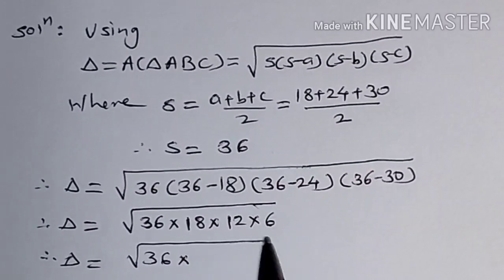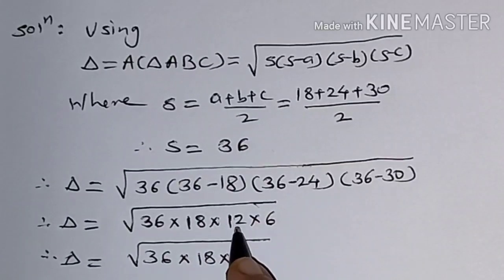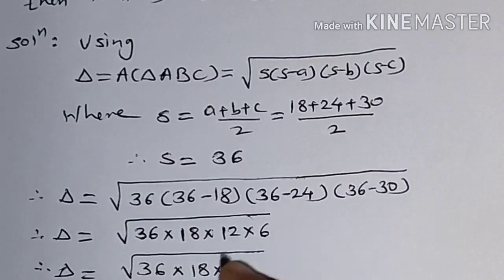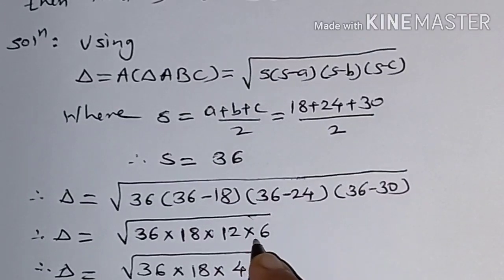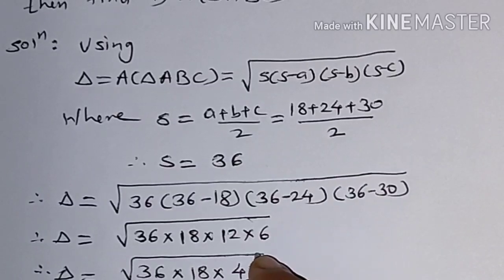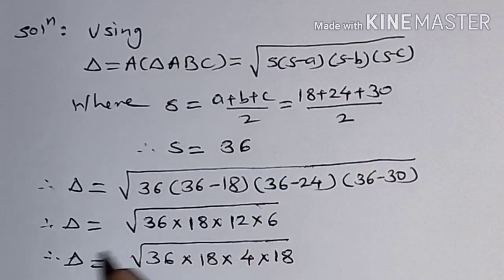Now let's adjust these numbers also. 18 into, now this 12, if you split it as 4 into 3, then we'll have 4 into 3 into 6, 3 into 6, 18. So now it's very easy to find the square root.